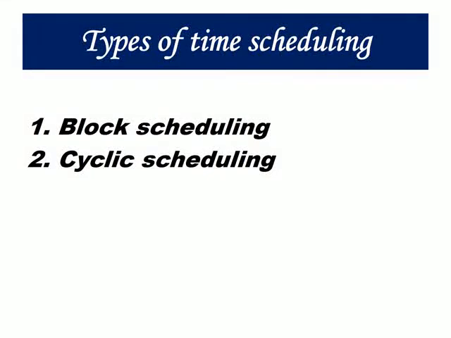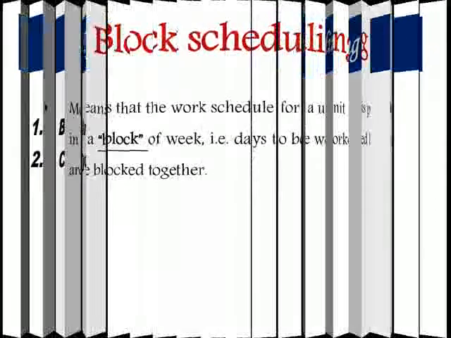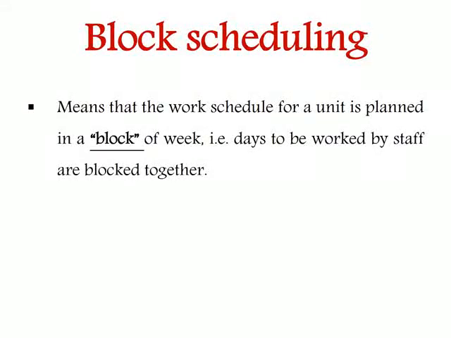Types of time scheduling. There are 2 types: block scheduling and cyclic scheduling. Block scheduling. What do we mean by block scheduling? It means that the work schedule for a unit is planned in a block of weeks. Days to be worked by the staff are blocked together.